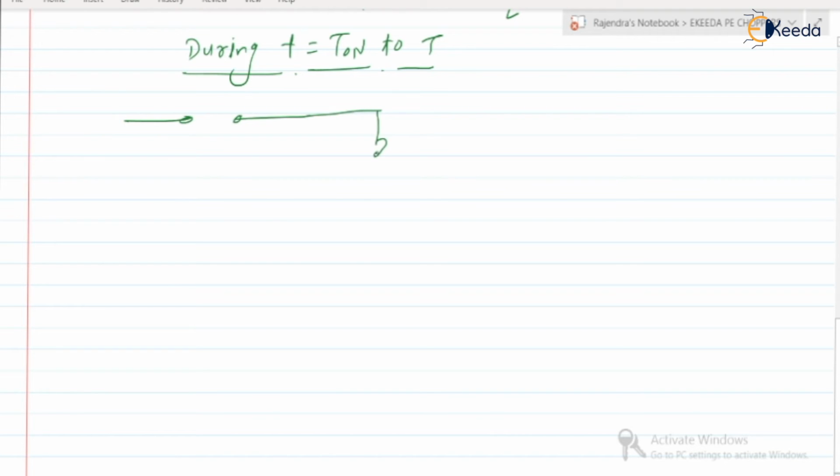The inductor opposes the sudden change in the current, so here the inductor goes on releasing the energy. This is Vs, this is the open switch, this is the diode, and the inductor. This current is I0 of t.